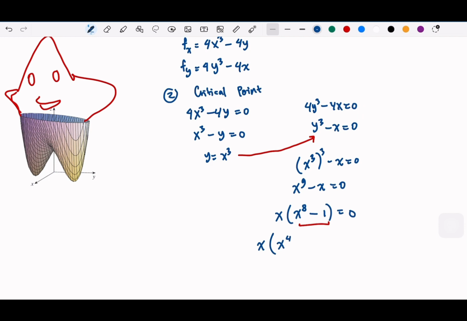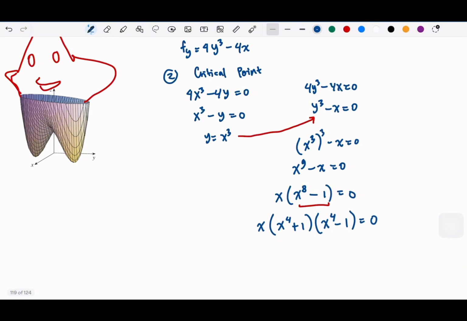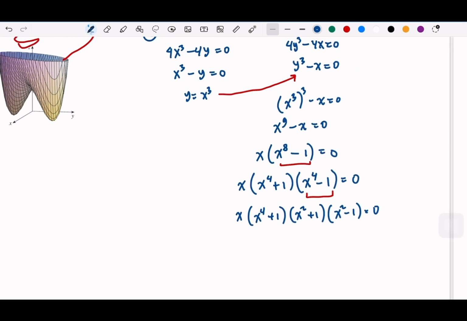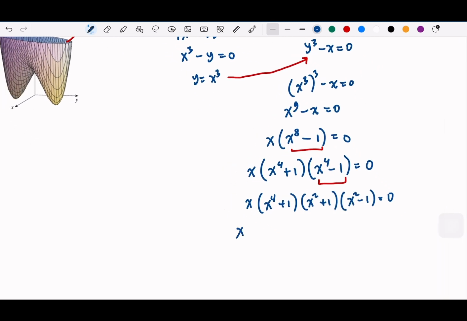We can let the power of 4 be a variable, and this part we can also factorize. We can skip this part, right?